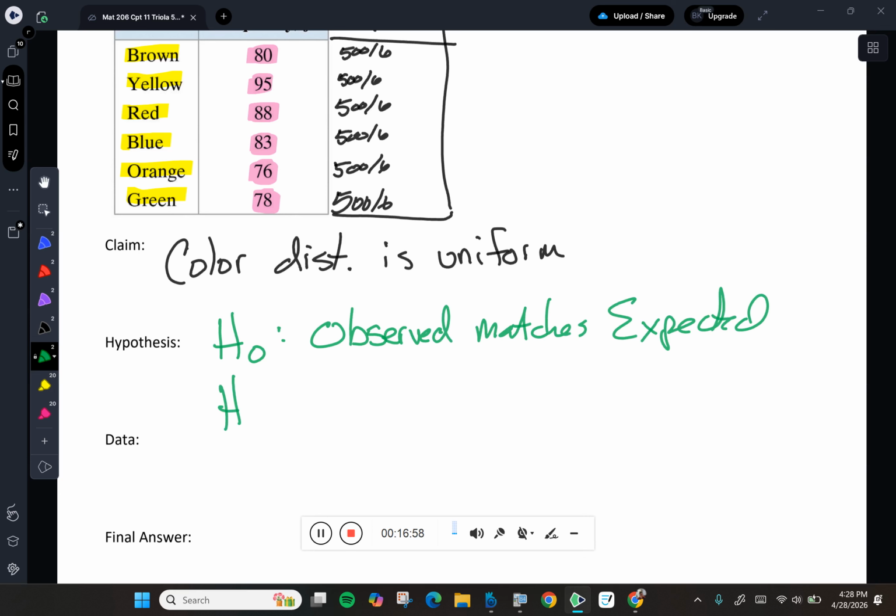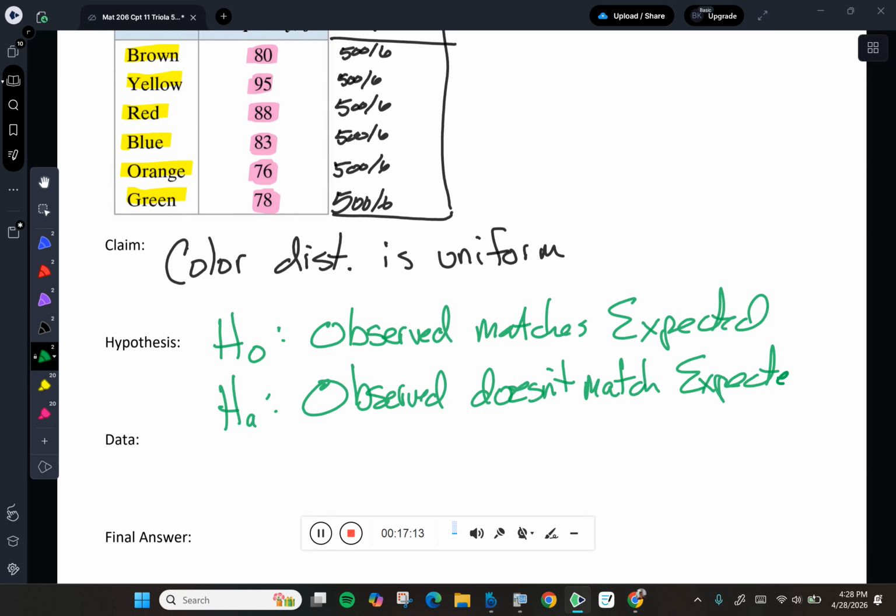Our alternate is observed doesn't match the expected. Okay. Those two hypotheses, this null and this alternate, are always going to be this for these problems. That's just how it is.